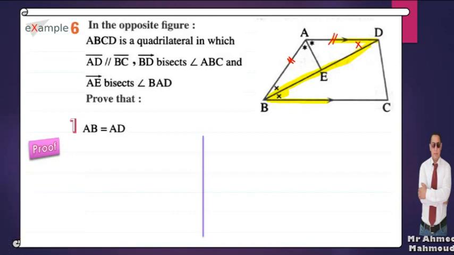Since AD is parallel to BC, therefore the measure of angle ADB equals the measure of angle DBC, and of course these are alternate angles.